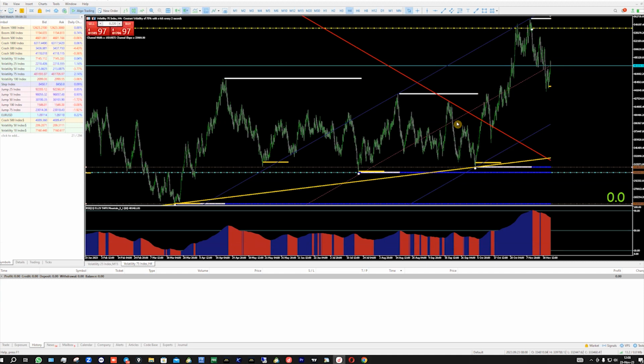But now the entry points are very, very unique. So we are not just following the system or the indicators blindly, because a lot of people have been looking for the easiest way to get into the market or to bank in the market, but unfortunately the indicators have failed them. A lot of systems have failed them. They have tried to learn how to trade or how to analyze charts in the market.